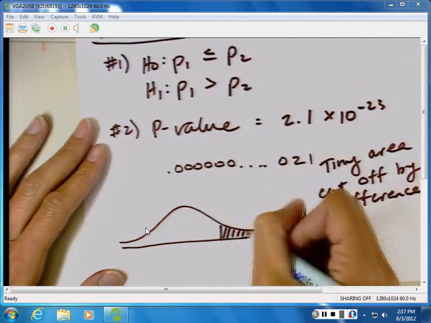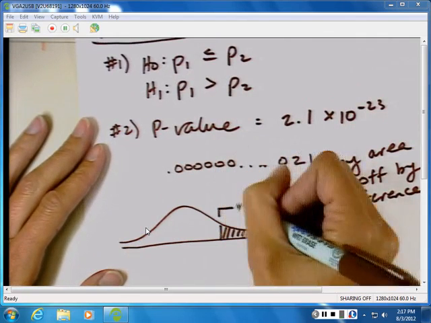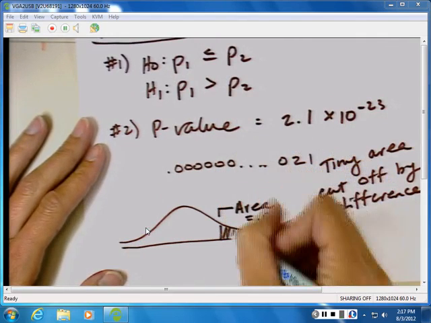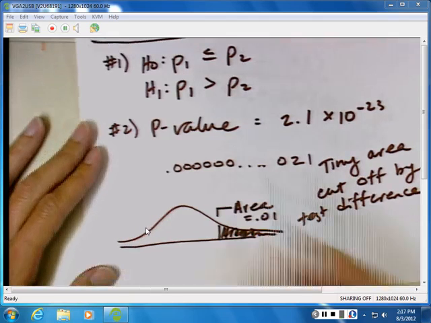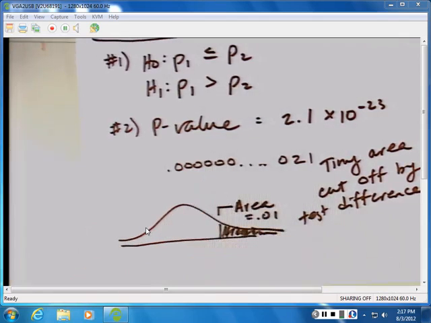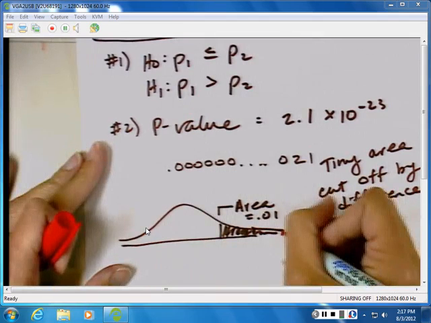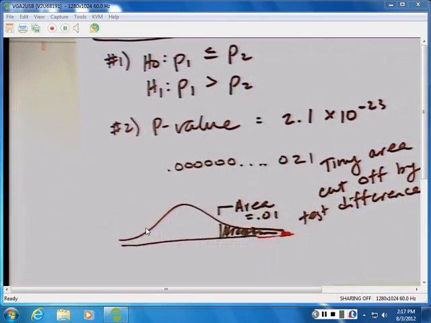Remember, we're not talking cutoffs now, we're talking areas. So the area of the significance region, area equals 0.01. So that's the size of this area here. The area that I found was teeny tiny. It's like a little teeny tiny speck down here. And I always fill in those p-value areas from the tail, and it fits well within that tail.